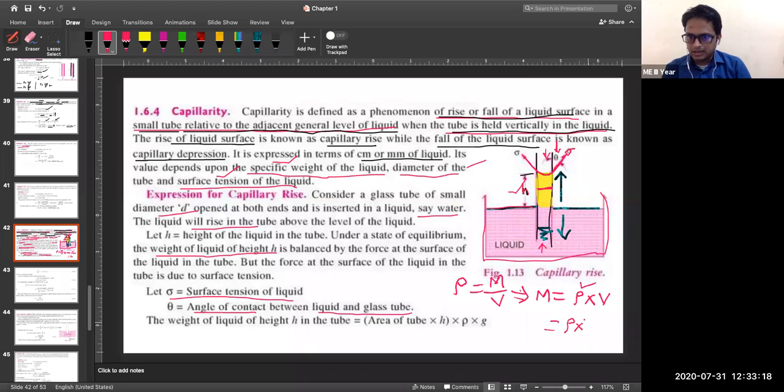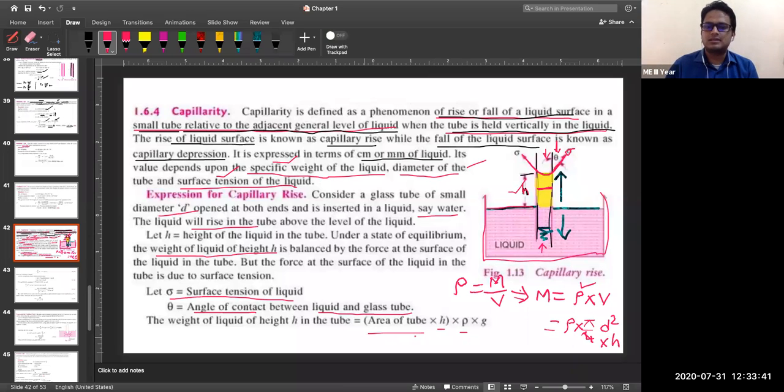So rho into volume, which is nothing but area, pi by 4 into d square, area into height given by h. Here you can see the area of the tube, height h, rho is your density.